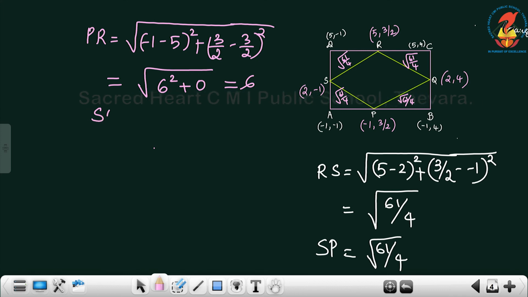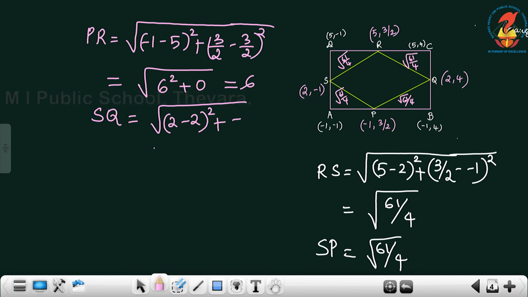What is the next diagonal? SQ. SQ will be square root of 2 minus 2 whole square plus negative 1 minus 4 the whole square, and you will get the answer as 4.